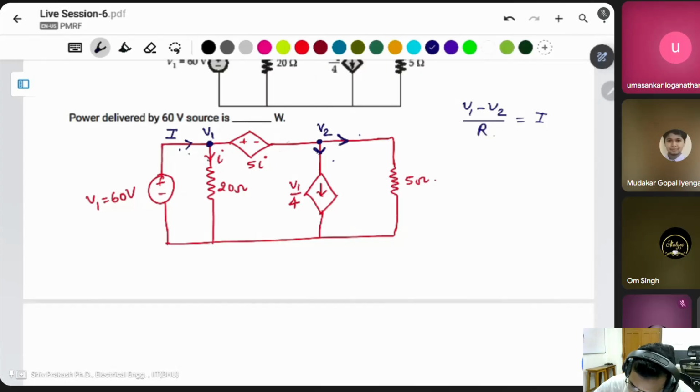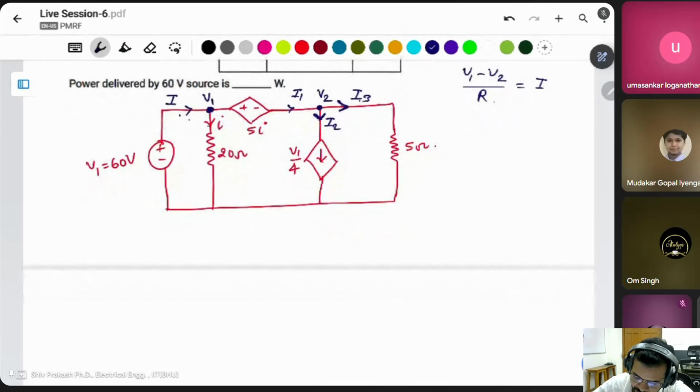Suppose I take this current as I1, this current as I2, this current as I3. Then what is the KCL here at node V1? Take this incoming current I as positive, then all outgoing currents are negative.